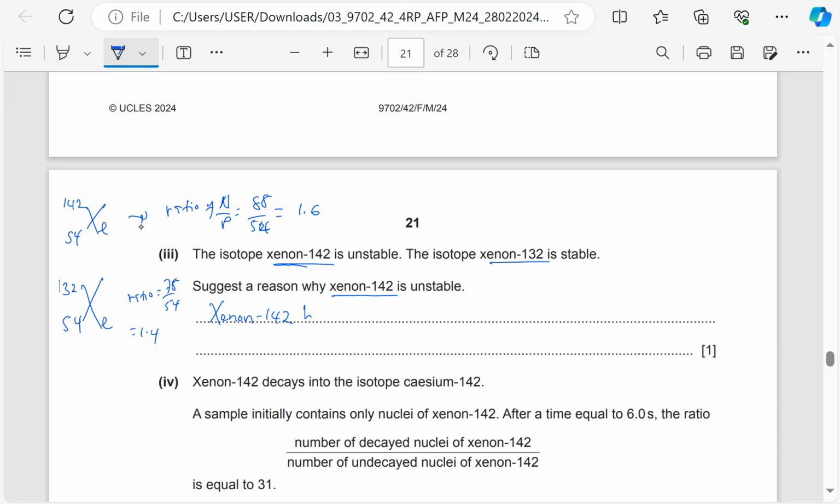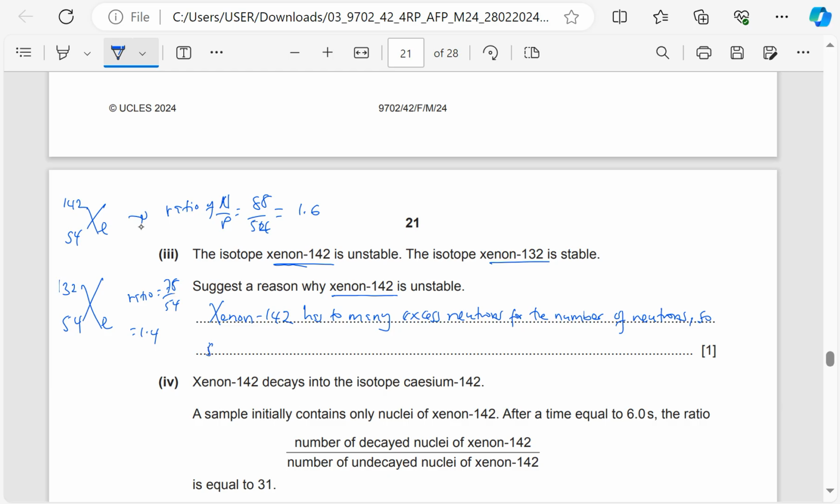has too many excess neutrons for the number of protons.